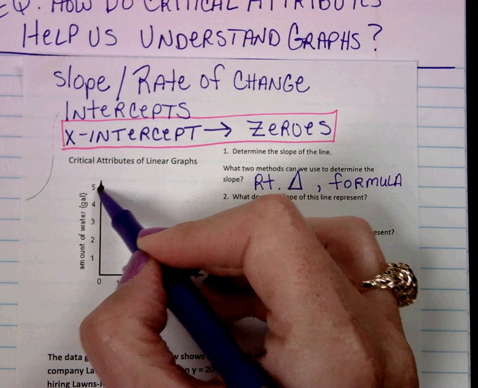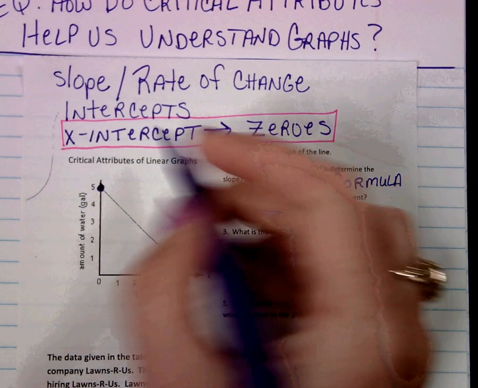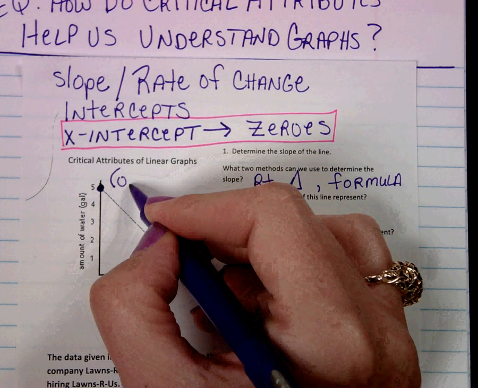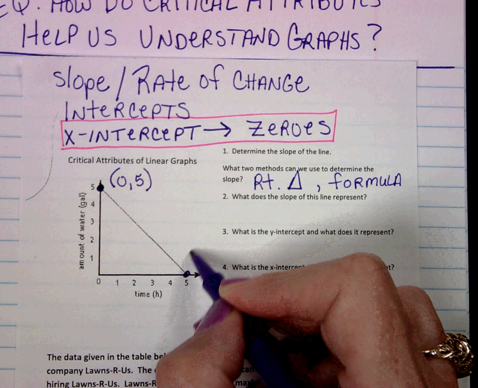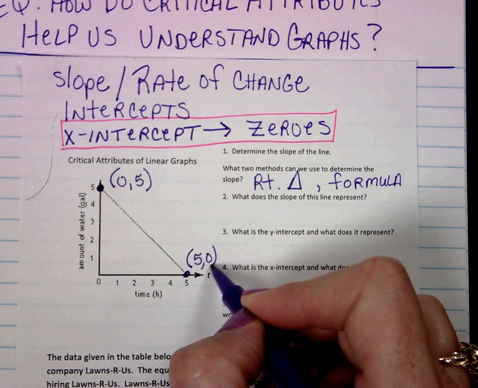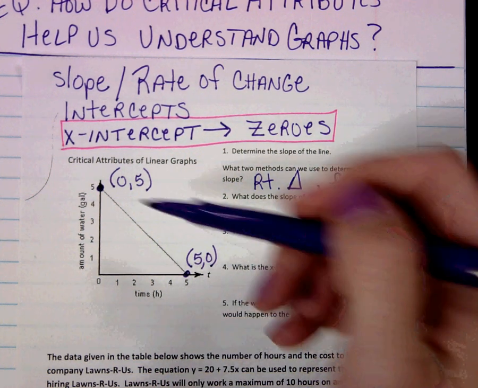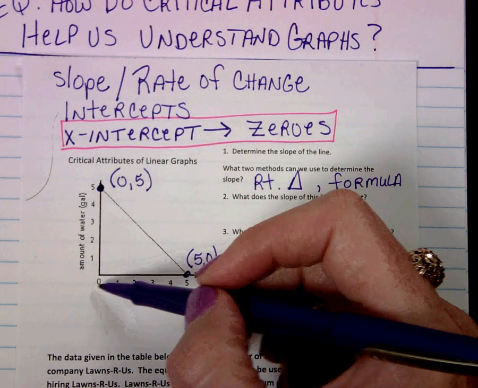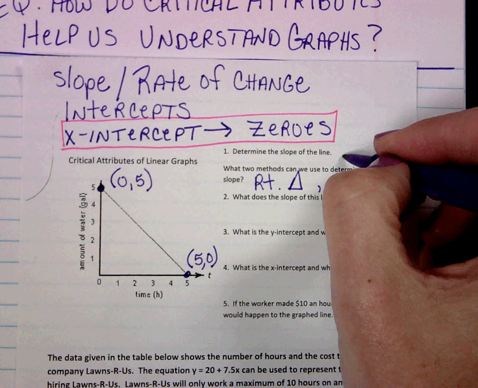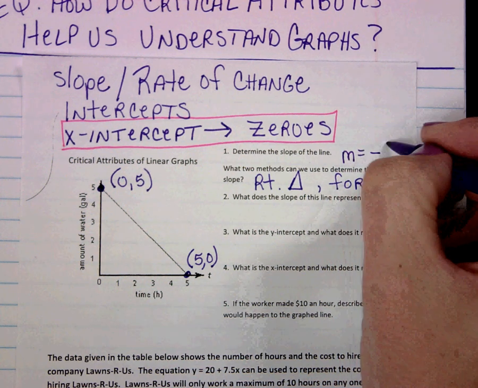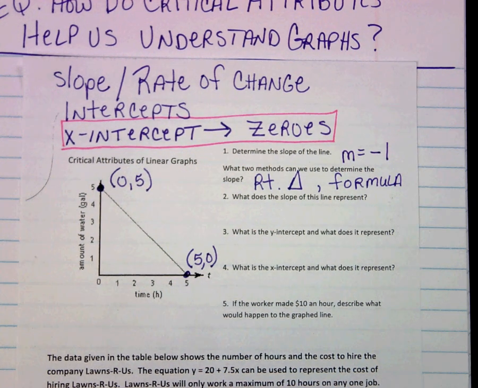Right here, if you look at this point, it's not labeled, but I think it's pretty obvious that this point is 0, 5. This point right here is 5, 0. So whether we draw a right triangle or whether we use our formula, I think we could see that the slope of this line is -1. If you're not sure about that, pause the video and take the time to actually calculate it.